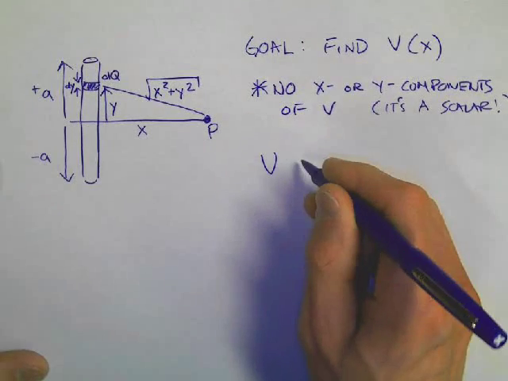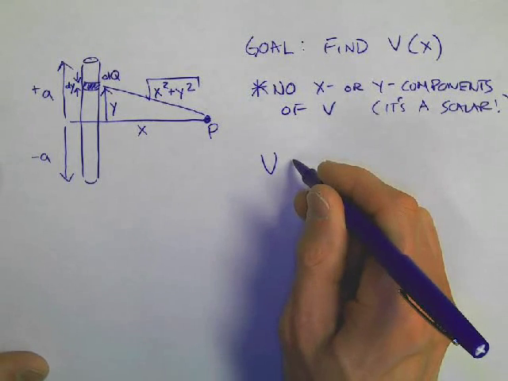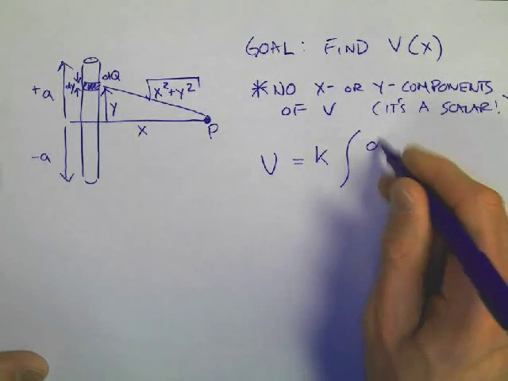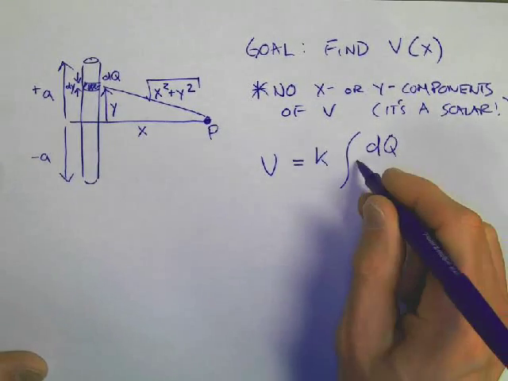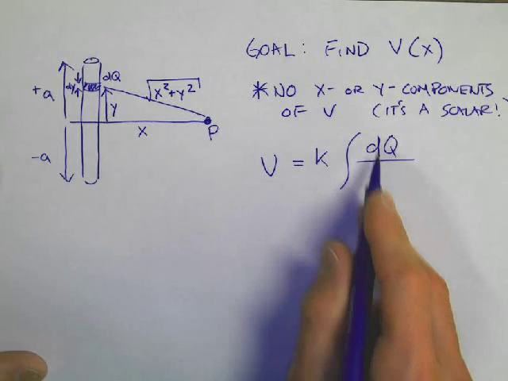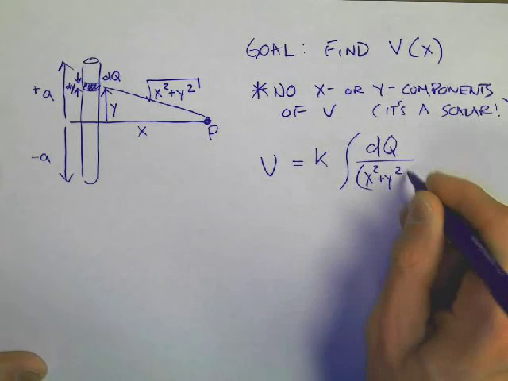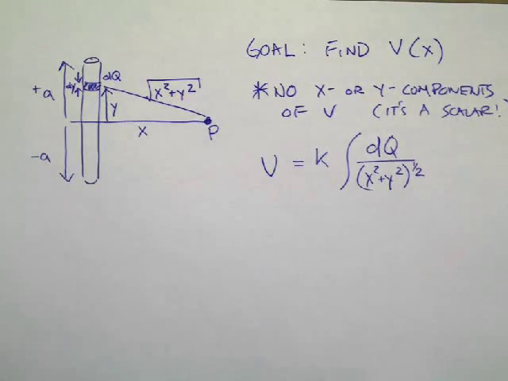Let's write down our expression here. This is a symmetric charge distribution, so I'm going to have a voltage which is determined by integrating k dq over r, but in this case my r is complicated.